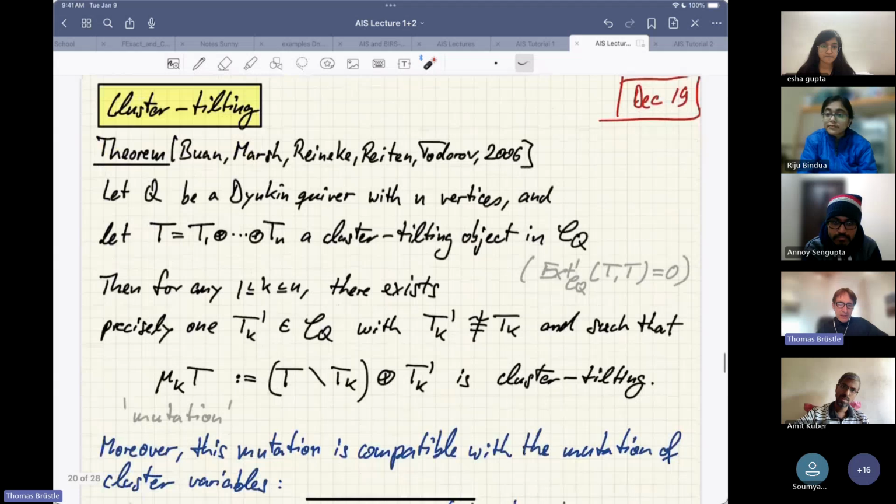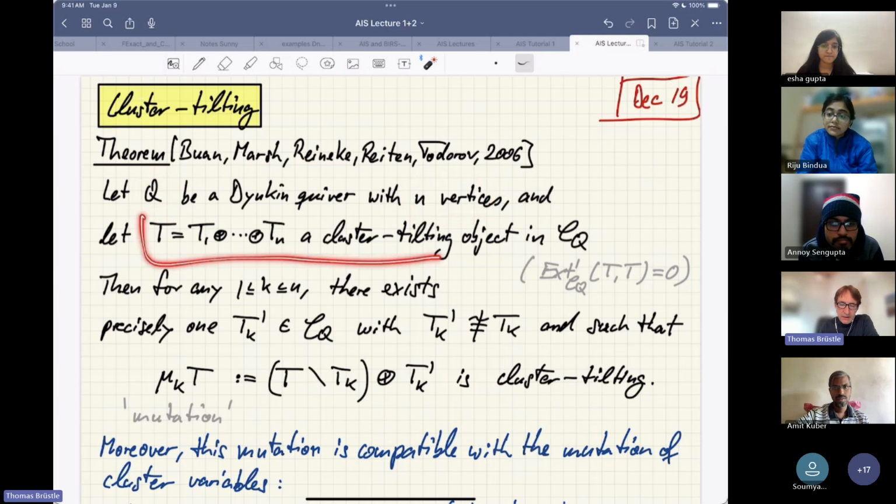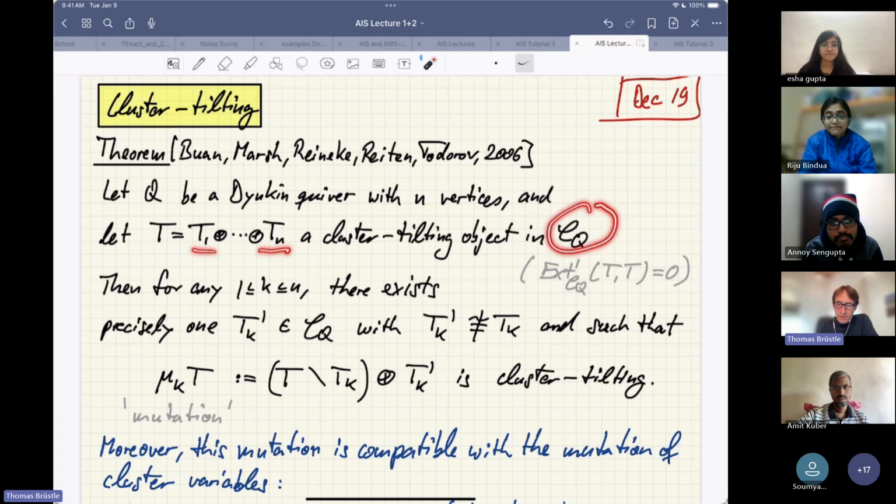So, cluster tilting. The theorem by Buan, Marsh, Reineke, Reiten and Todorov in 2006 for Dynkin quivers is the following. I have a Dynkin quiver Q with n vertices, and then I consider a cluster tilting object given by n indecomposable summands, non-isomorphic, an object in the cluster category CQ, so there are no extensions between them.